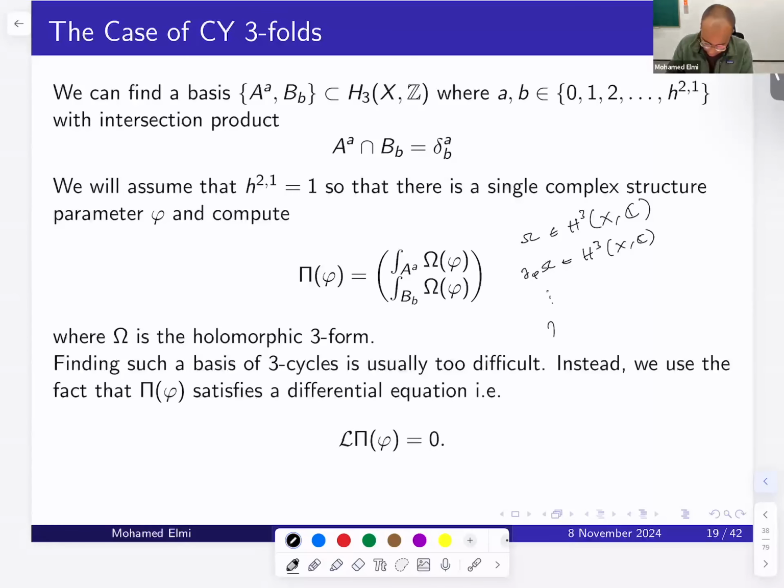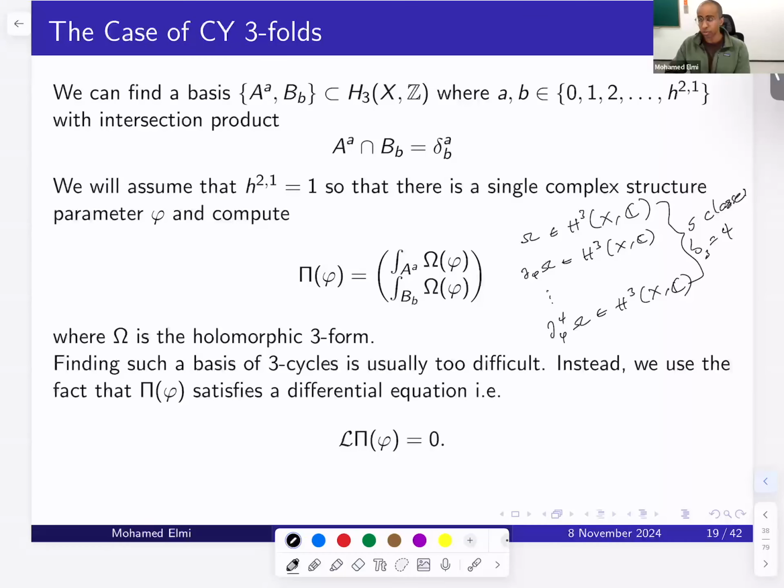You keep doing this, you take 4 derivatives, and you still have another cohomology class, but now you have 5 classes, but b3 is 4.